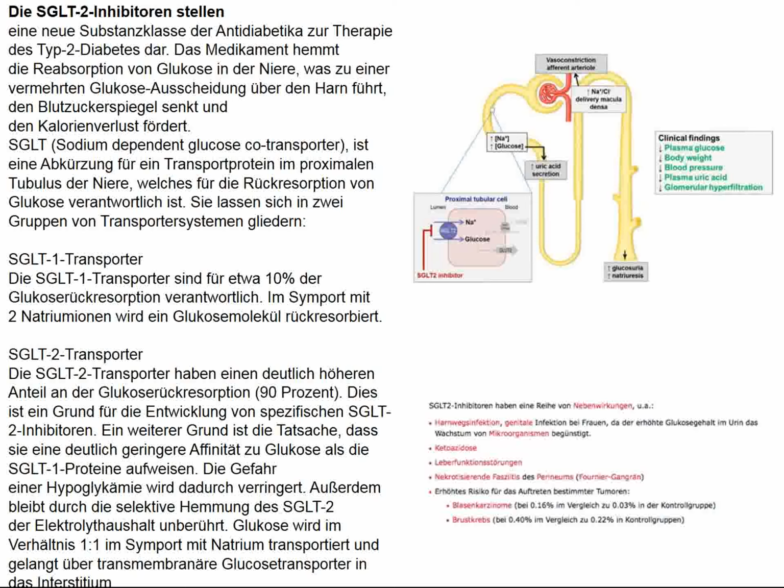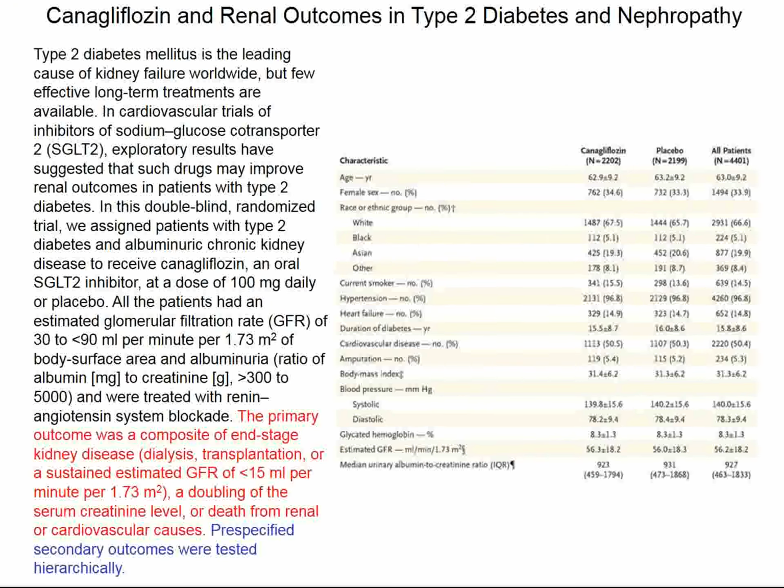And this transporter has become a target for drugs used to treat type 2 diabetes, such as canagliflozin. And as you can imagine, what happens with canagliflozin is that the threshold for excretion of glucose in the urine is lowered from the usual 200 milligrams per deciliter to perhaps some fraction of that, 120 or so, so that glucosuria will occur whenever blood sugar is above that level.